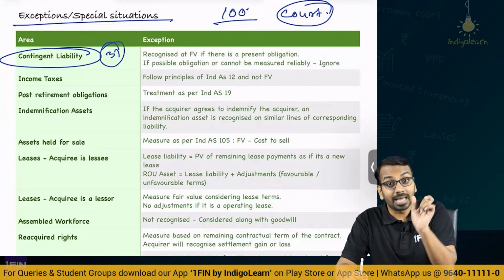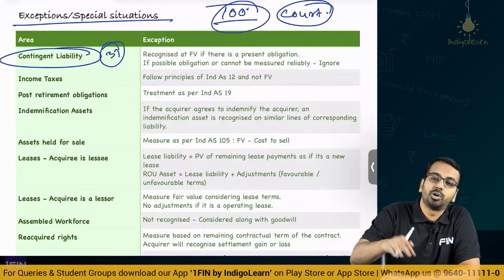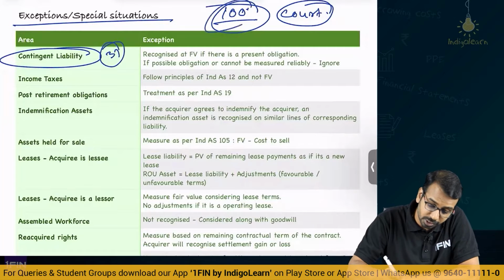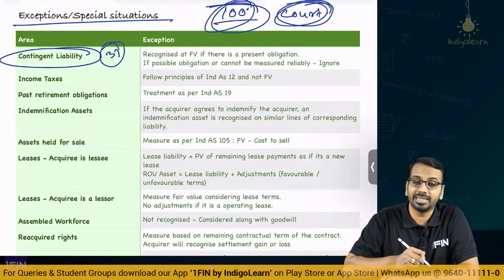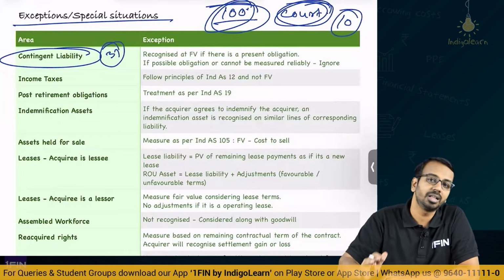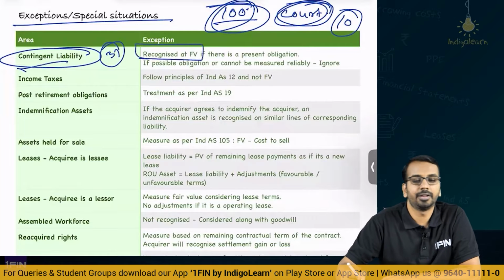Now that is how you factor contingent liability. The owner of the house would not have recognized the court case as a liability. But when you are acquiring, you are saying, okay, your house is worth 100 crores, but I am taking on a contingent liability, I am valuing it at 10 crores. So only 90 crores is the worth of the house. So whenever there is a contingent liability, you will recognize it at fair value, right?